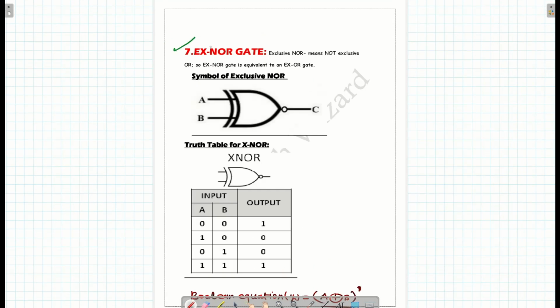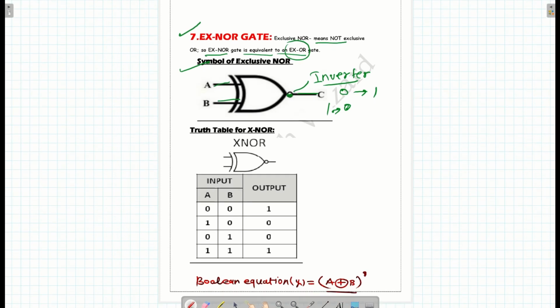So this is our last gate, XNOR gate, and it means exclusive NOR, that is, not exclusive OR. So XNOR gate is equivalent to the inverse of XOR gate. Okay, so symbol, there are two inputs A and B, and we get C, and here is the inverter. It changes the value 0 to 1, 1 to 0. Okay, so truth table for XNOR gate.